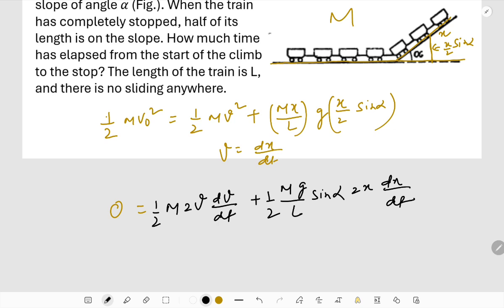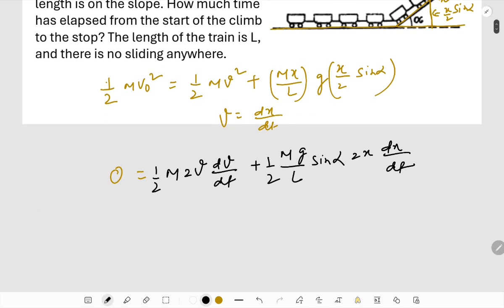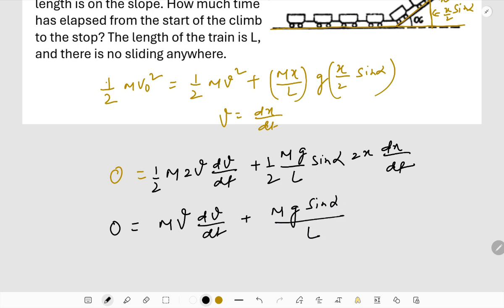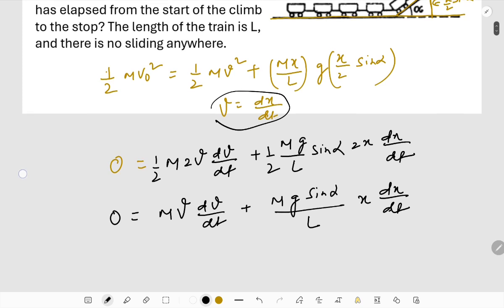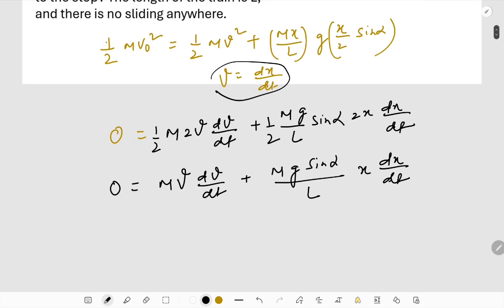And I get something like 0 equals m v dv upon dt plus m g sine alpha upon L x dx upon dt. Since v equals dx upon dt, I can cancel it as well, and m gets cancelled out as well.